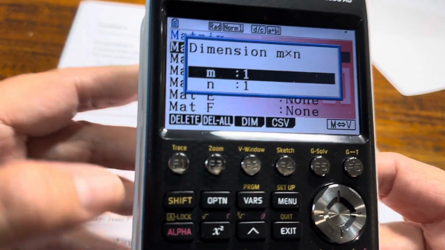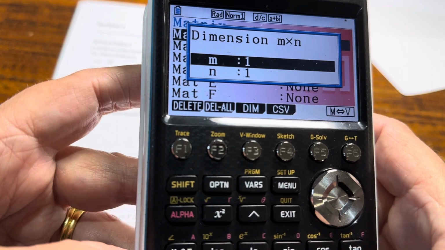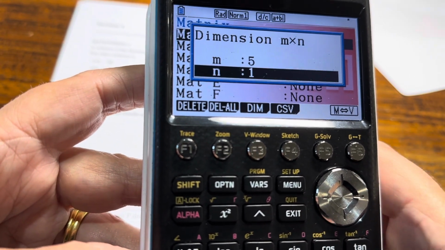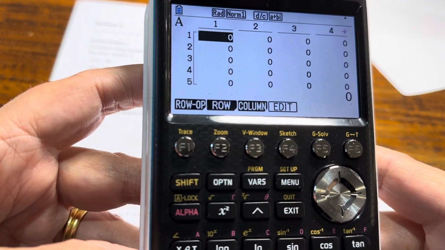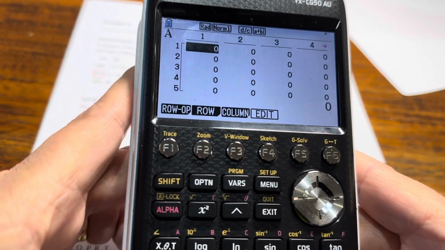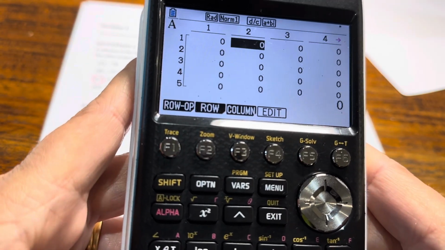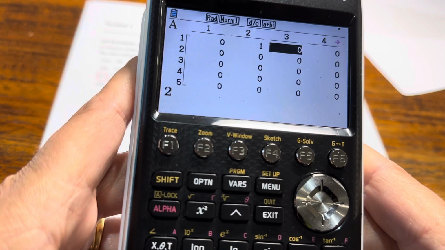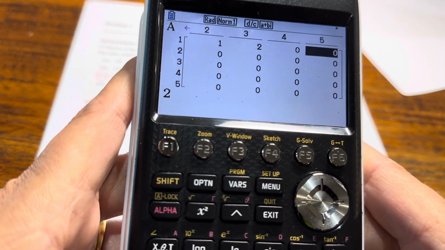So we need this to be our 5 by 5 matrix, and we need to enter in 0, 1, 2, 0, 2.